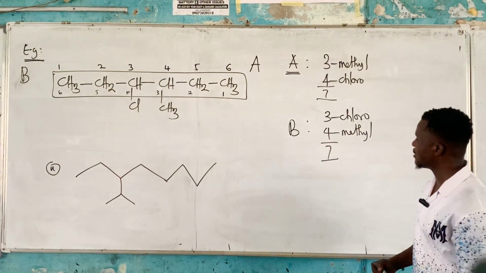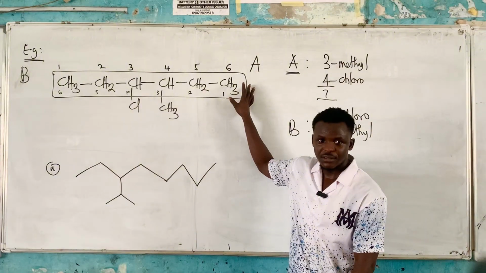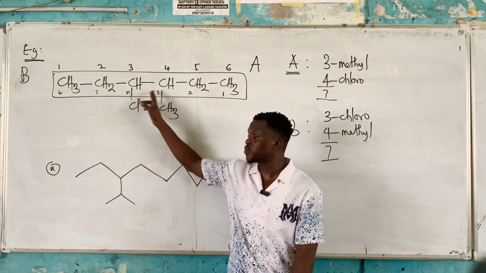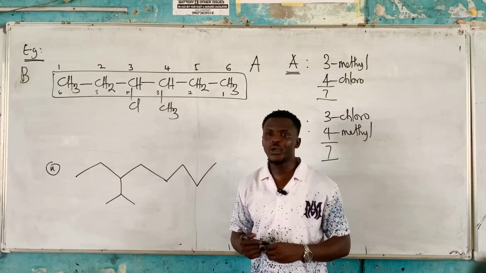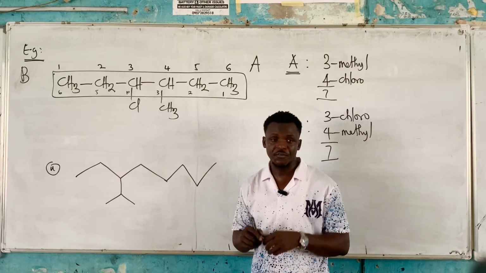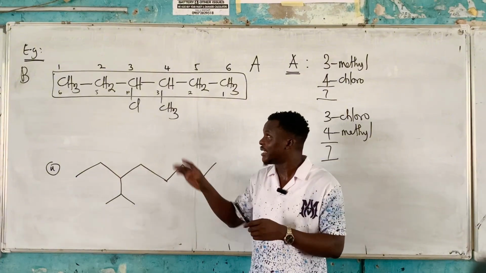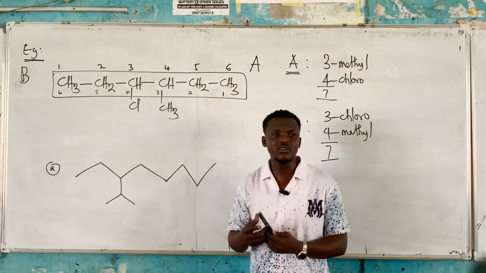Please look up. I said, first, if you number this from the left or from the right, the substituent will take the same position 3 and position 4. Normally you would have looked for the one that gives the substituent the lowest number, is it not so? But both sides are giving us the same number.